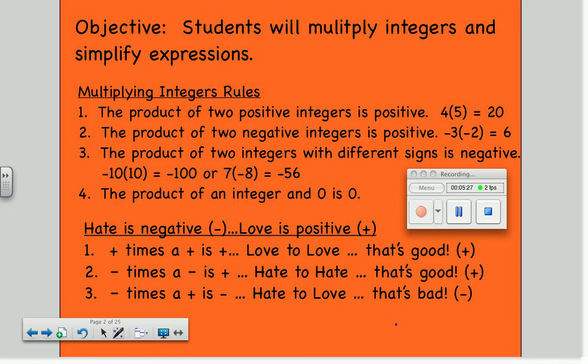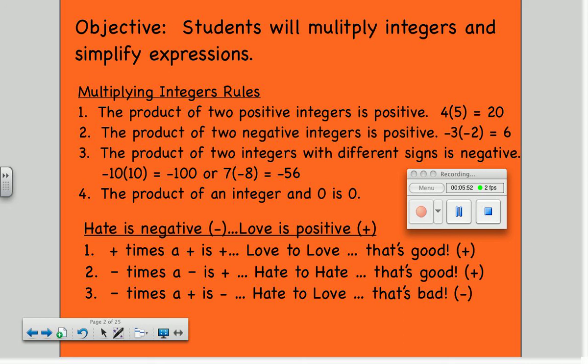Hate is negative, love is positive. So, a positive times a positive is positive, because if you love to love, that's good. Number 2, a negative times another negative, that means hate. And if you're multiplying a hate times another hate, that means you hate to hate.